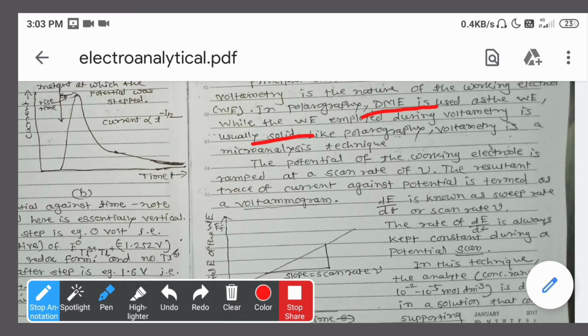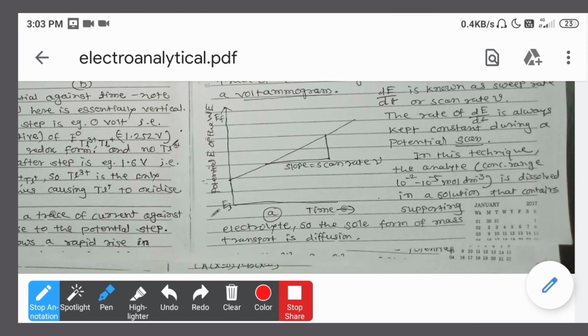The potential of the working electrode is ramped at a specific scan rate. The voltage is varied at a specific change in potential with time. The resultant trace of current measured against the potential is termed the voltammogram.